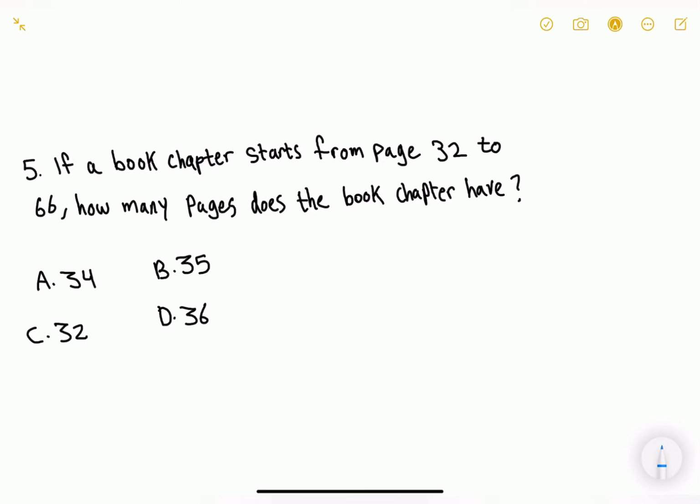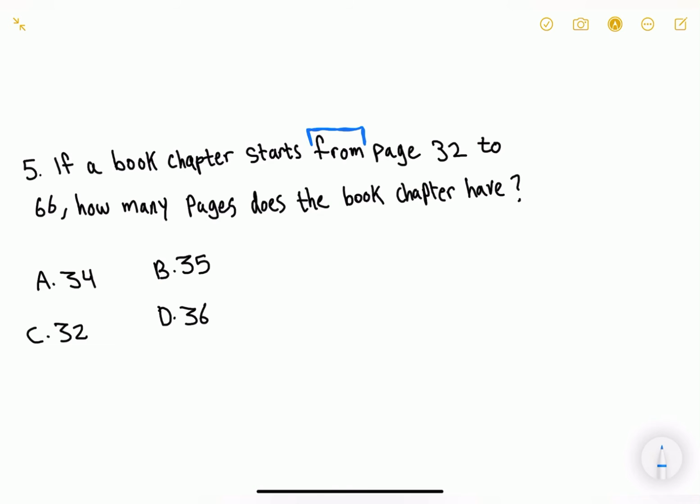Number 5 says, if a book chapter starts from page 32 to 66, how many pages does the book chapter have? Here's a rather simple approach, and it goes by a formula. We notice that it includes the word from.